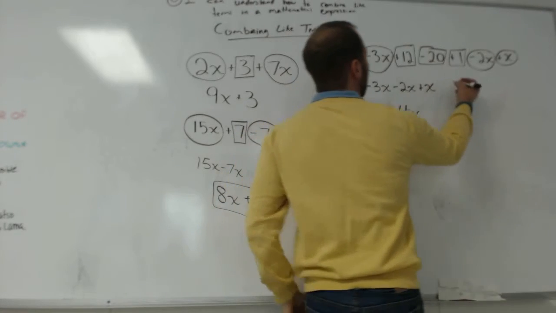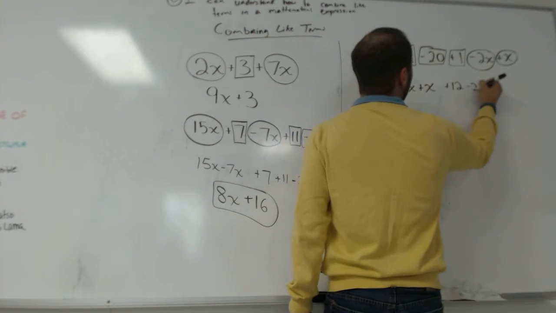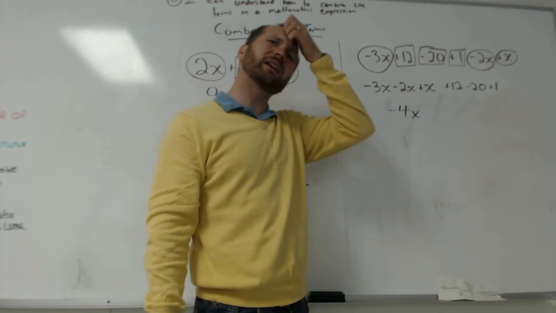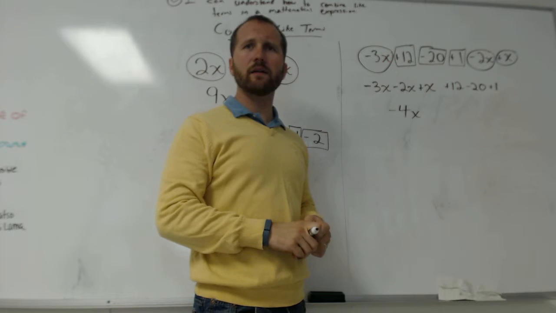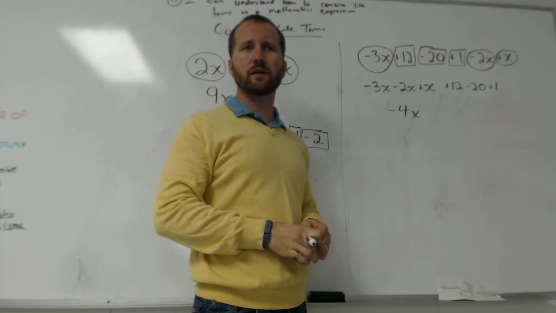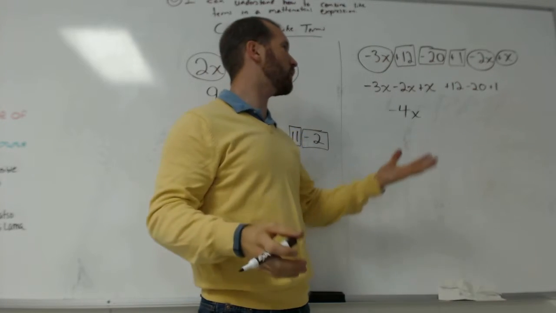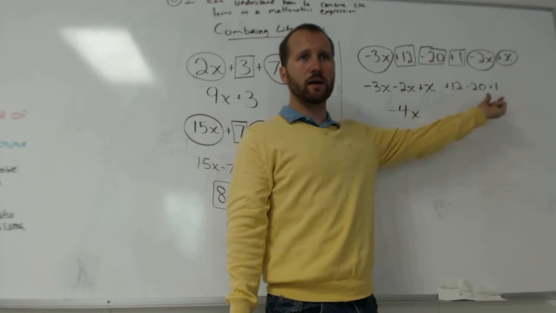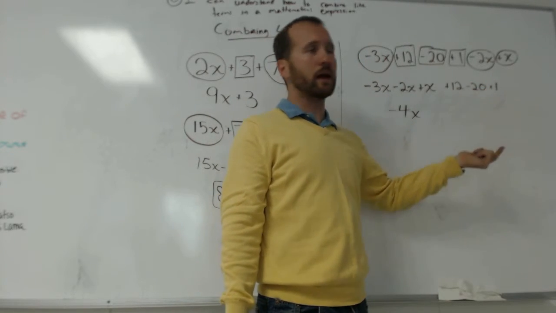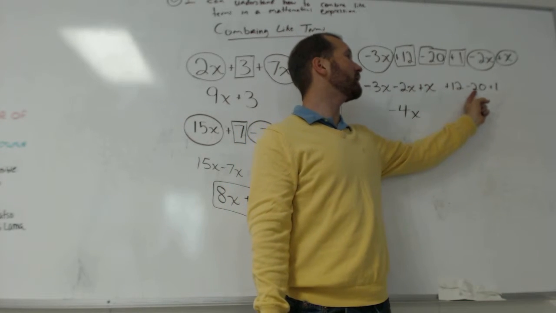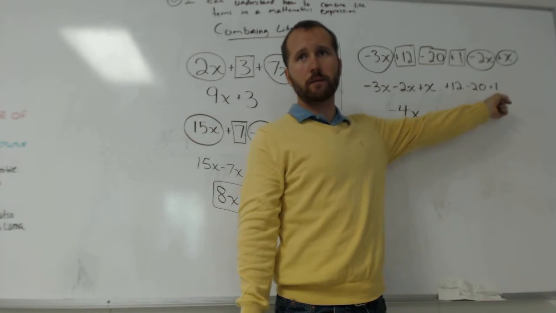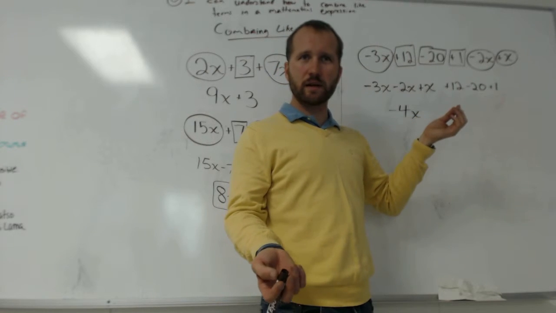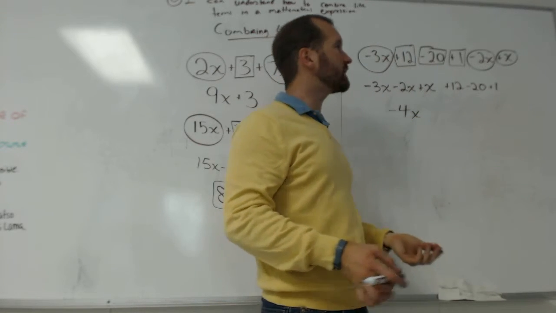Alright, now I have 12 minus 20 plus 1. What is 12 minus 20? Is that going to give me a positive or negative result? Negative, because 20 is the larger number and it's negative. So 12 minus 20 is negative 8. Negative 8 plus 1 is negative 7, right?